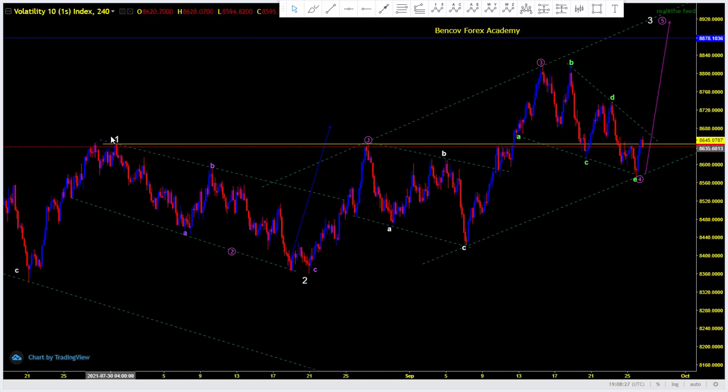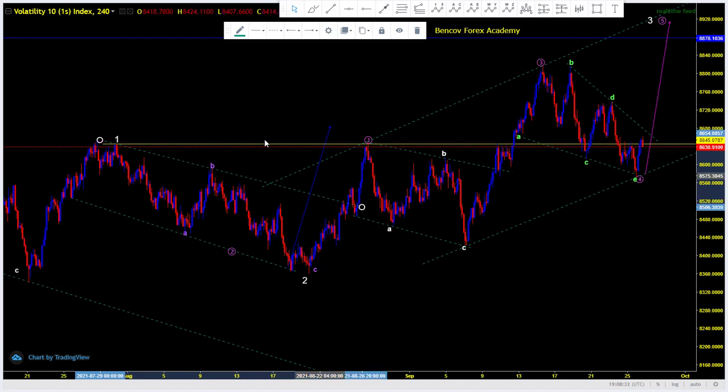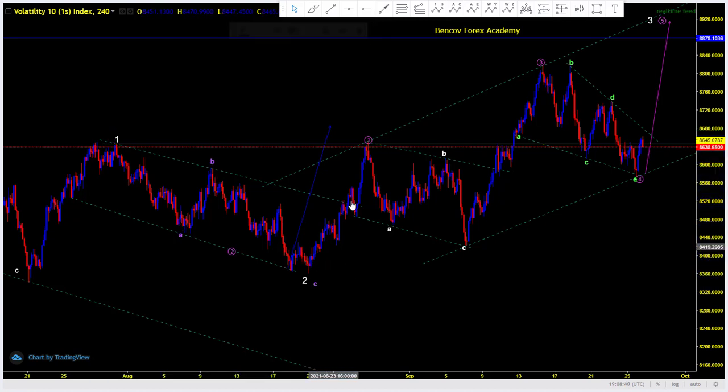Then it came to the double top. After the double top, if you check the trend line here, you're going to see that we don't have what we would call a proper retest. It came back to dip down into the channel.